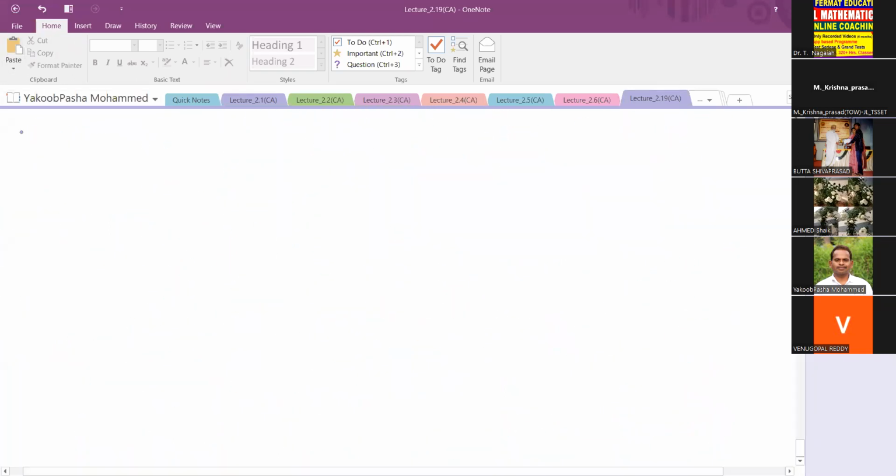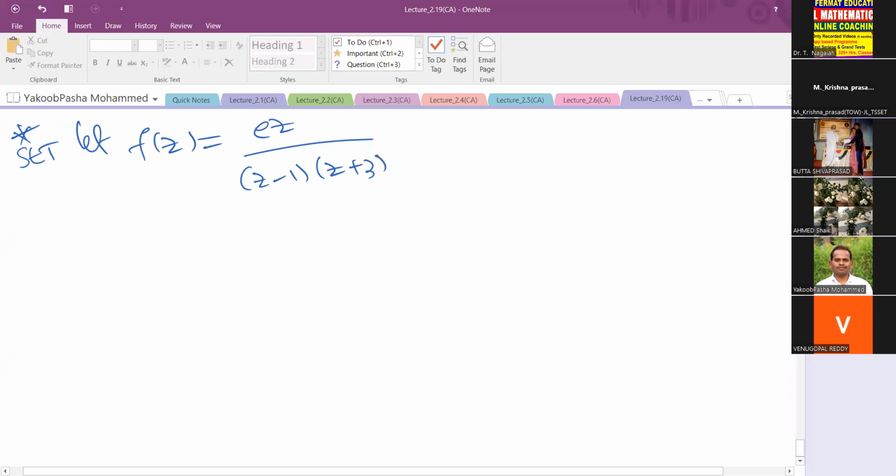This is also a set problem. Let f of z is equal to e to the power of z divided by (z minus 1) into (z plus 3) whole square. And C is a circle.